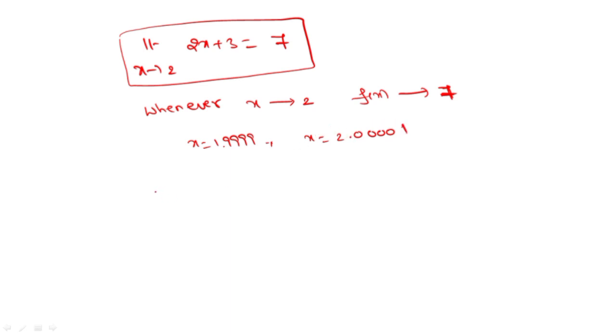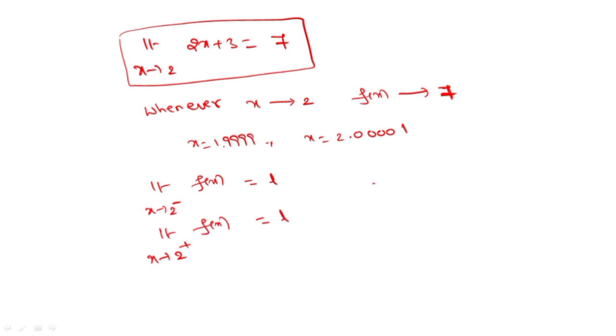If you take x on the left side of 2, that will be taken as 2 minus, and f of x will approach L. If you take x on the right side of 2, like 2.00 and so on, that will be taken as 2 plus, and that will be L.